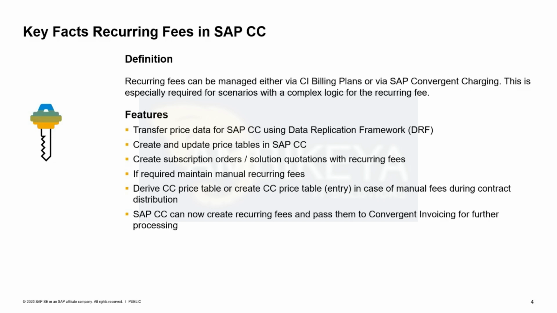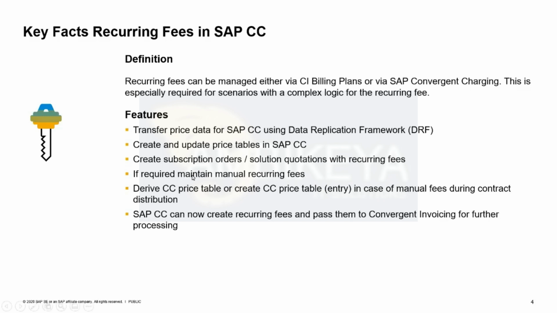In S/4HANA, we also introduced handling of manual recurring fees in CC scenarios. Earlier, only the standard determined fee was supported, and in S/4 we now started supporting manual recurring fees, considering API scenarios mainly, where most of the time the prices are determined in an external system and sent to SOM.